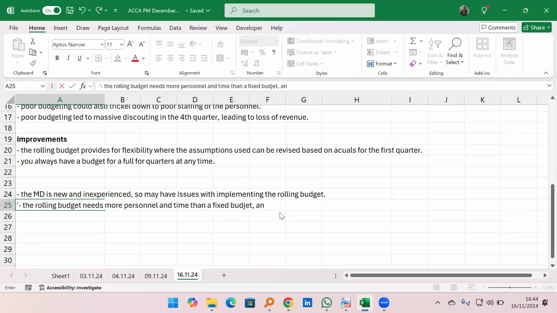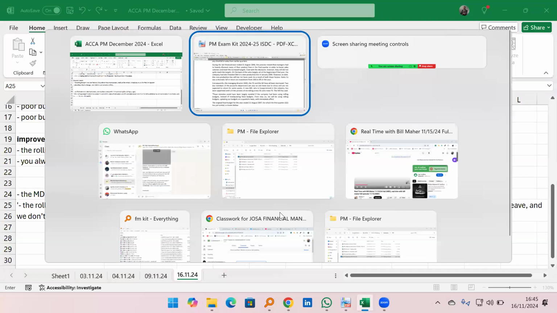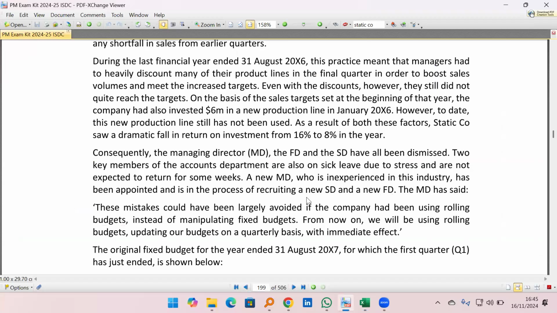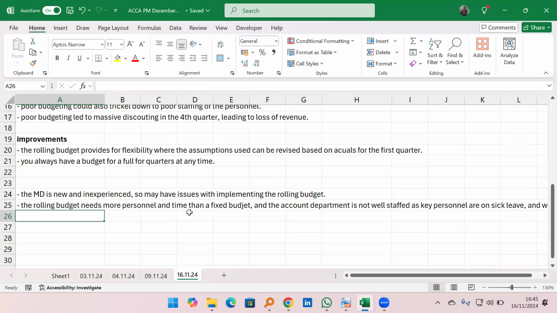So the accounts department is not well staffed, as key personnel are on sick leave, and we don't have a finance director and a sales director, or sales manager, how they call them. They are calling them directors. So we don't have those people, which of course means that we don't have enough personnel to pull off a rolling budget.